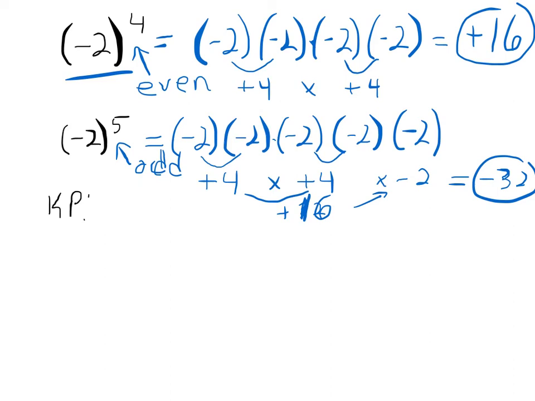We just saw from these that if it's raised to an even exponent, the answer is going to be positive. If we have a negative number in parentheses that's being raised to an odd exponent, is that going to get you a negative or a positive answer? It's going to get you a negative answer.